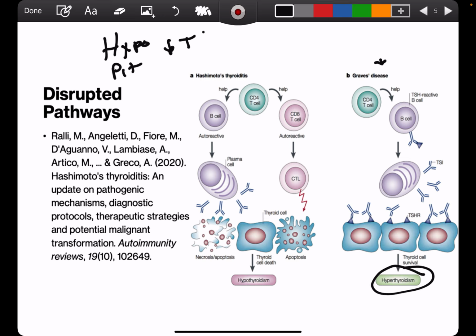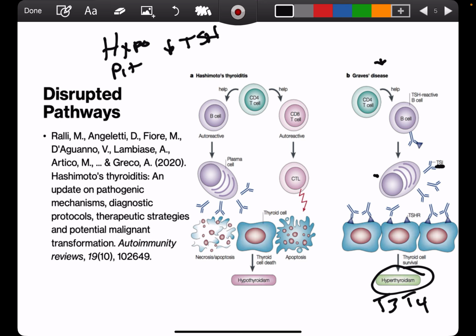In Graves, because of the high amounts of T3 and T4, the feedback still works to reduce the TSH produced. But even though there's low TSH, this plasma cell right here, this purple thing, is still producing TSI over here, and it's just binding to these follicular cells and pumping out T3 and T4.